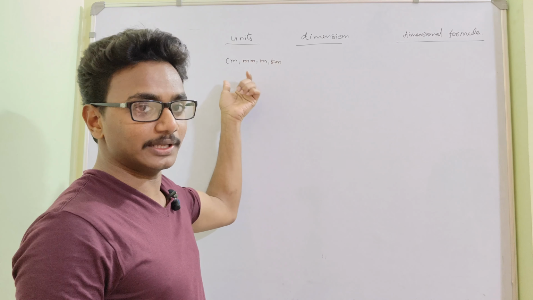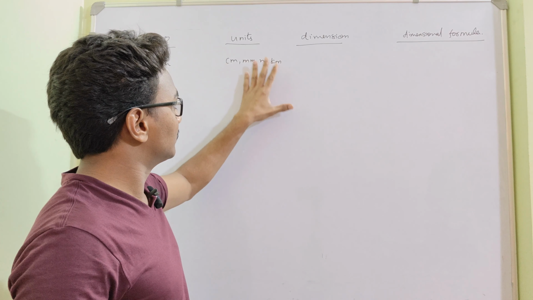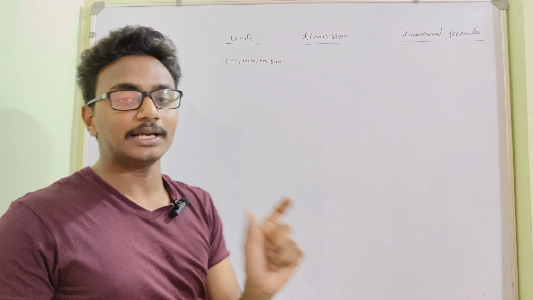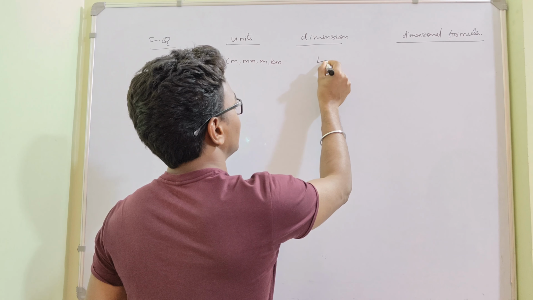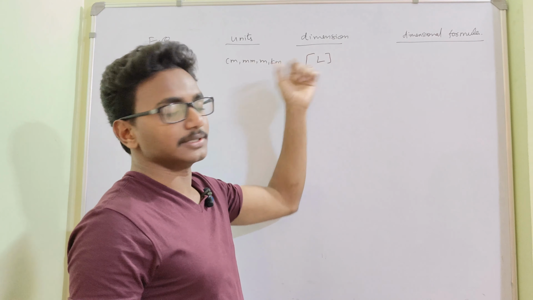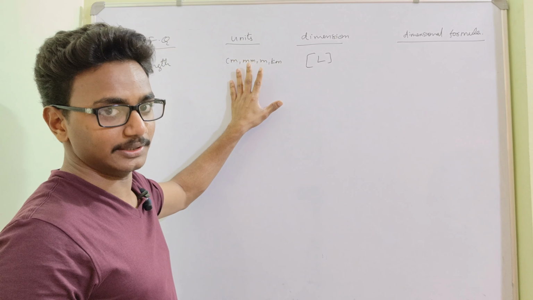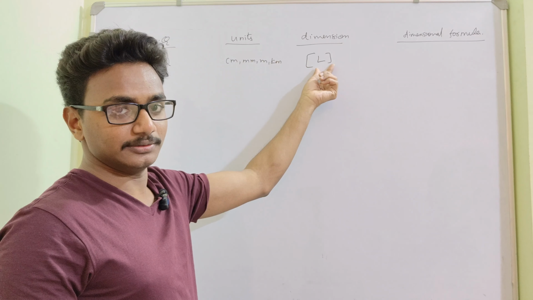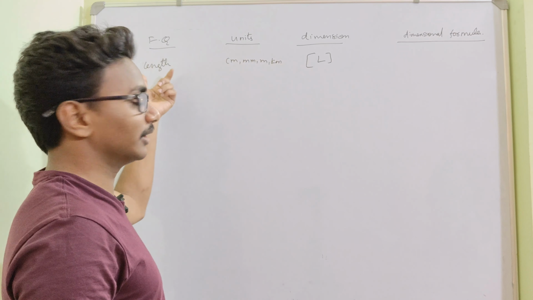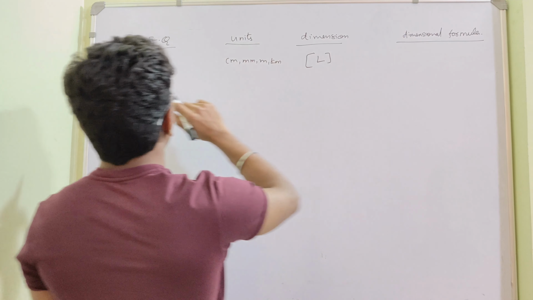These are different ways of expressing length. Instead of expressing in different ways, why can't I express all of these with a single letter, that is L, in between two square brackets? This is what dimension means. Expressing all the different ways of measuring a quantity with a single letter is known as the dimension of length or dimension of any quantity. Understand? We'll discuss dimensional formula later.